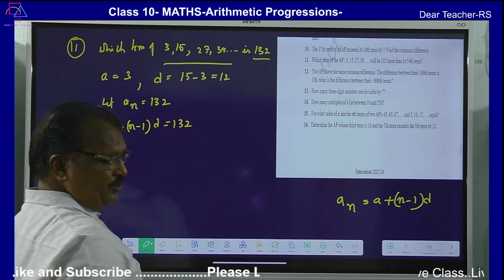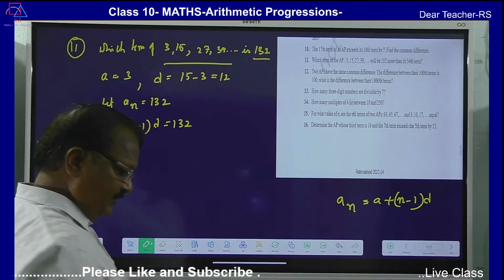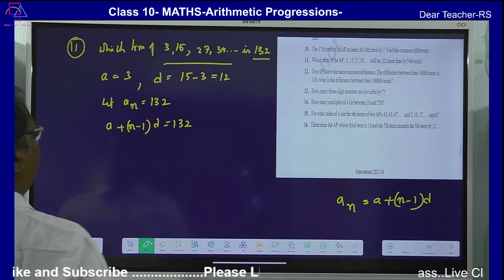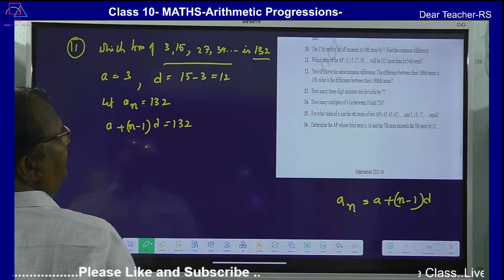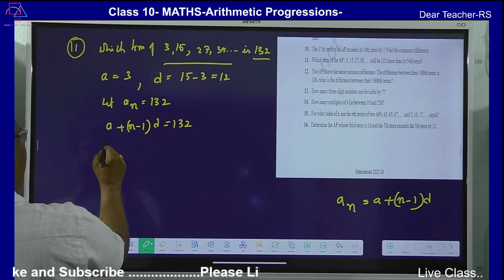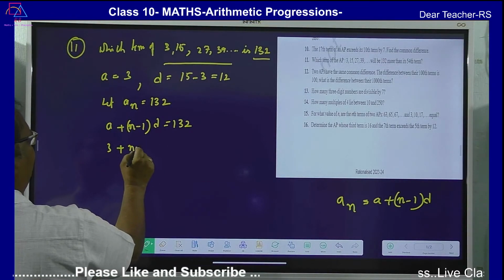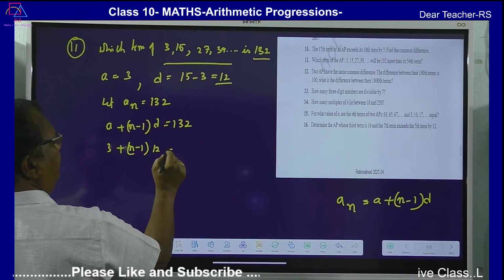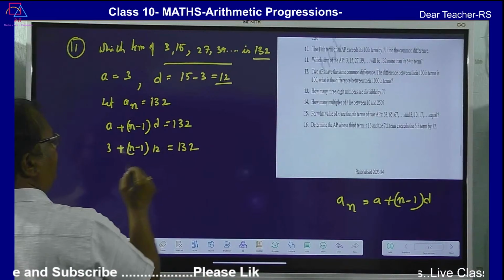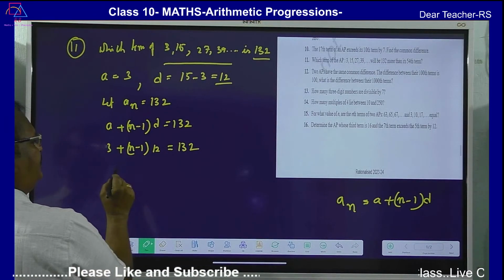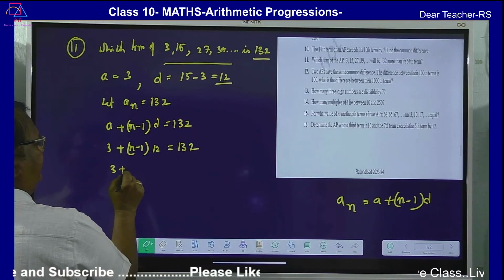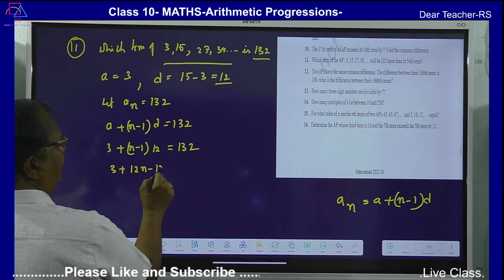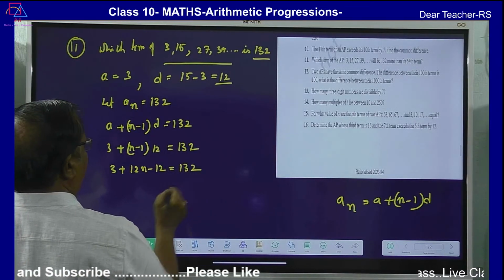Now substitute. Then a value is already 3, n minus 1, d value is 12. You replace the values of a and d with 3 and 12. Now simplify it. So 3 plus 12n minus 12 is equal to 132.